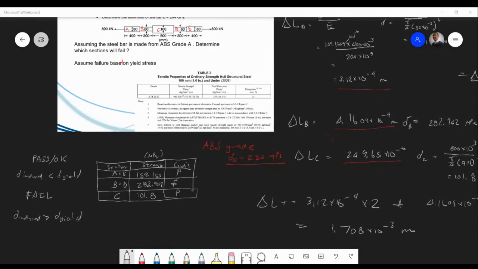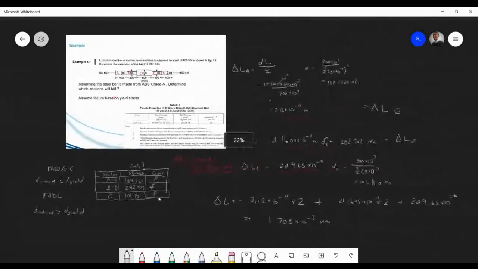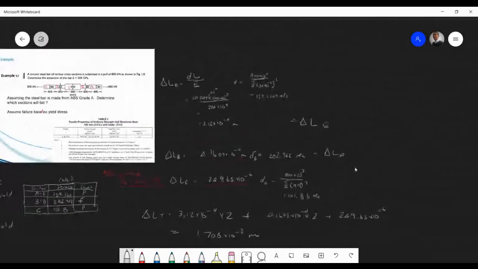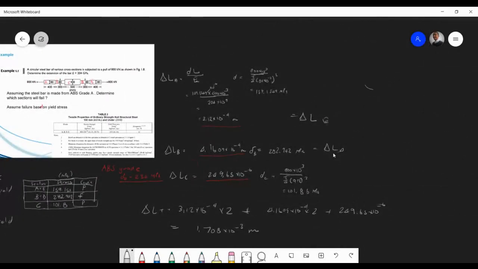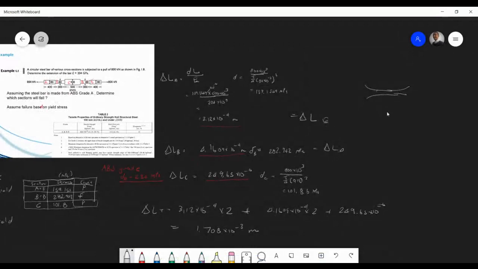And if you wonder why we manufacture our tensile specimens in a specific way, we have this reduced section, so we know that it's going to probably break on that reduced section.